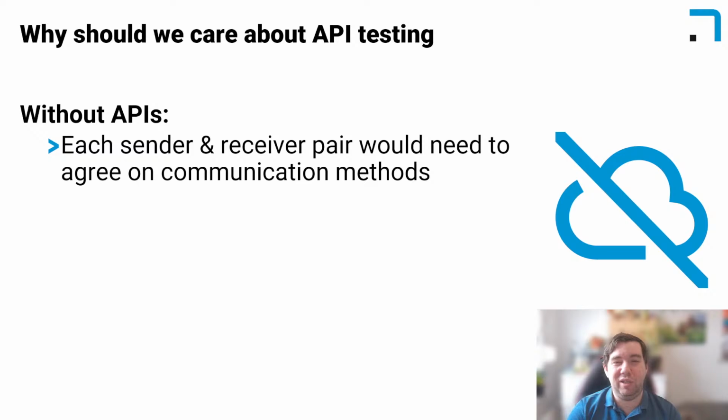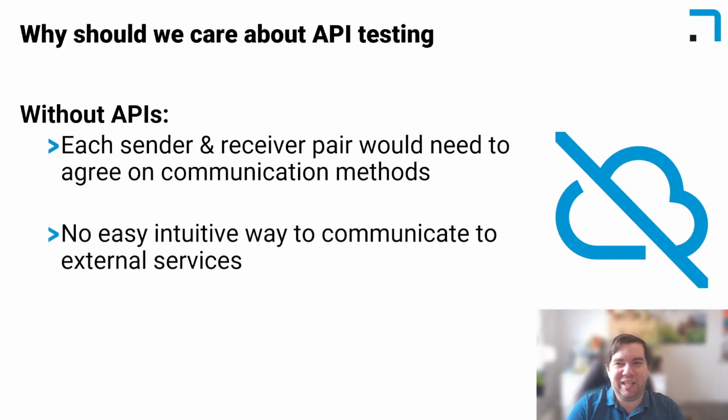Or rather, probably each receiver or end server has to make their own communication methods that everyone else has to agree to. And there'd be no easy, intuitive way to communicate with these external services. We'd have to develop this sort of handshake and data transfer every single time between what we're doing and these external services that we need to use.